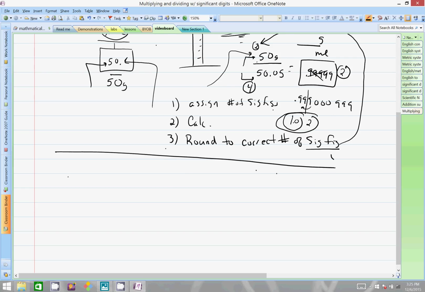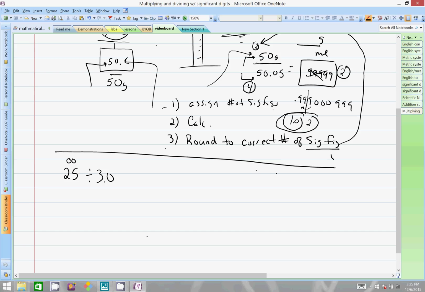Let's say I have 25 divided by, let's say, 3.0. Now in this case, for the rules that I have talked about here, I have the 25 assigned number of sig figs. There's no decimal. As I mentioned in an earlier video, I'm going to call this infinite number of sig figs.